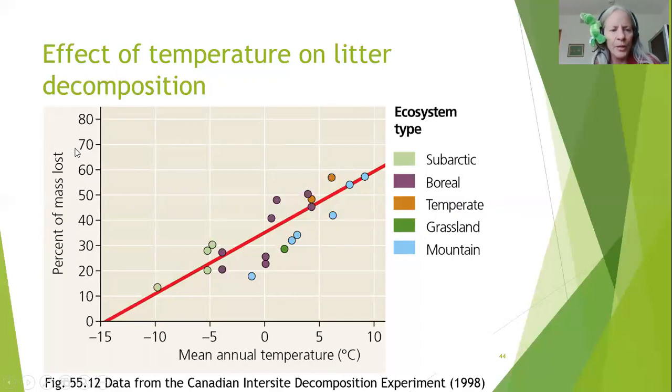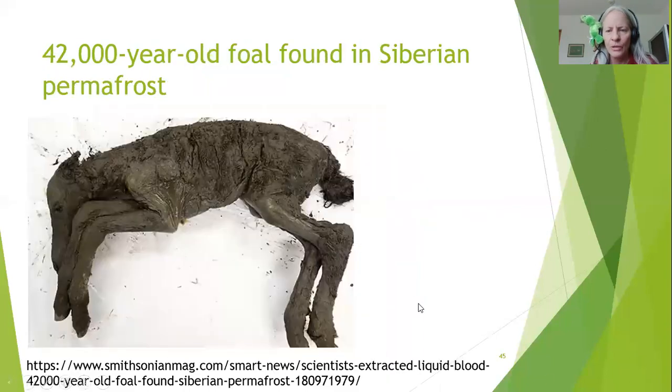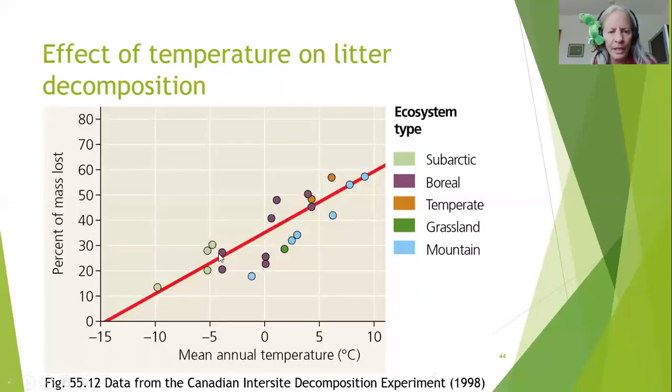And so the percent of mass lost would be how much decomposition happens. So if you take that litter and then you weigh the litter and see how much mass it lost. How does it lose that mass? Again, it loses that mass by cellular respiration. It's releasing carbon into the atmosphere as CO2. So what's going on here? The higher the temperature, the more mass was lost.